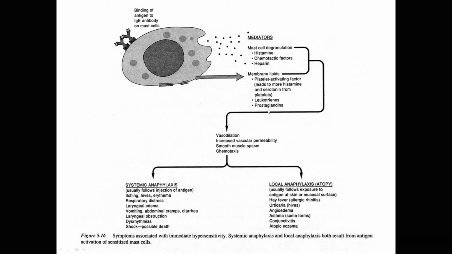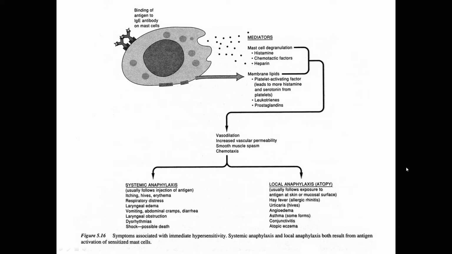Also, prostaglandins are produced. They contribute to the vasodilation and mucus secretion and also potentiate the bronchospasm. Platelet activating factor is also produced, causing platelet aggregation and potentiating the histamine effects. Collectively, all these mediators produce the following effects: vasodilation, increased vascular permeability, smooth muscle spasm, and chemotaxis and recruitment of inflammatory cells.